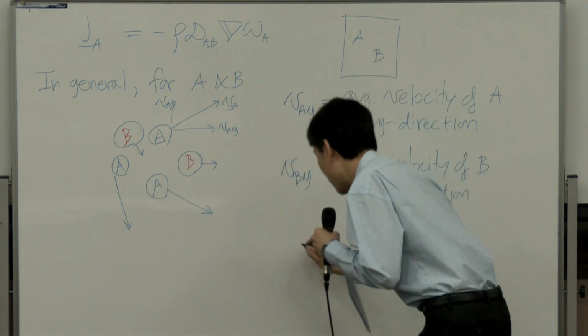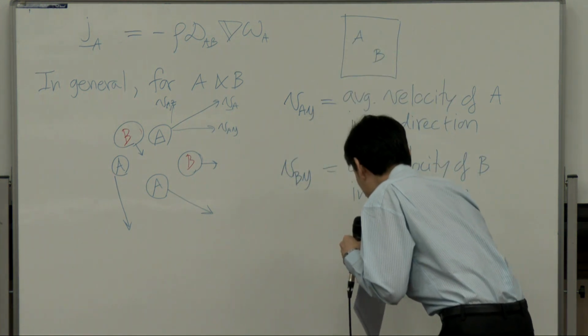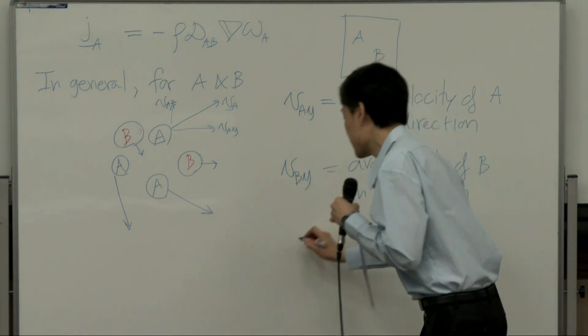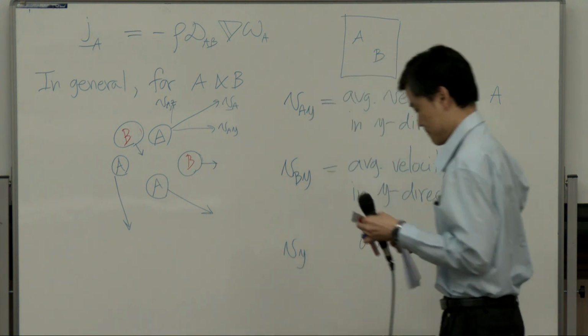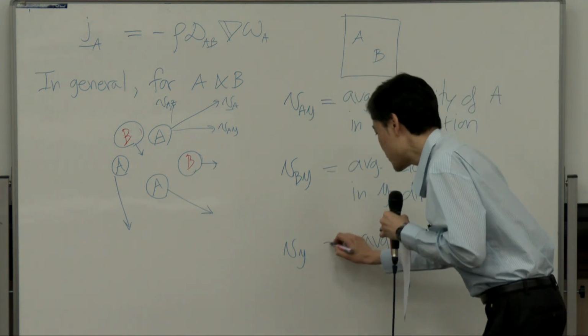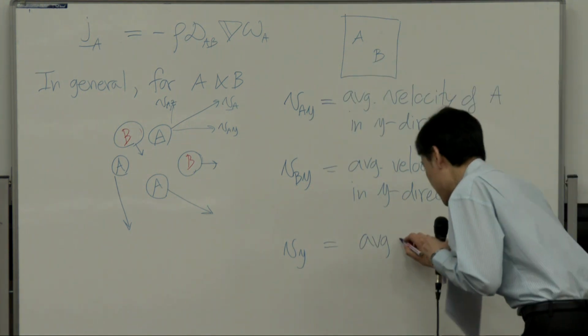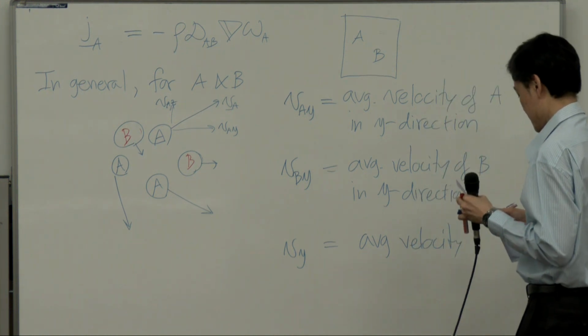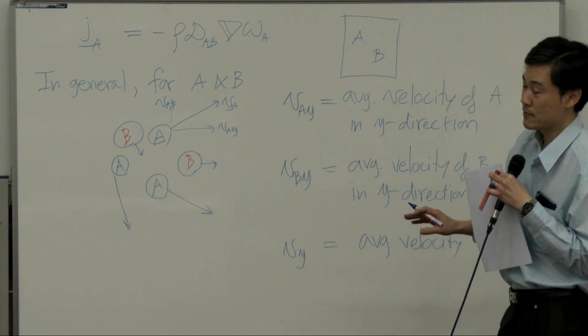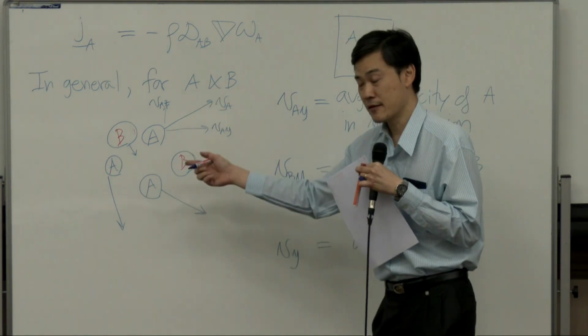I can now find average velocity of all 5 atoms, and I'm going to call this one Vy. Okay? So Vy is average velocity of everything.